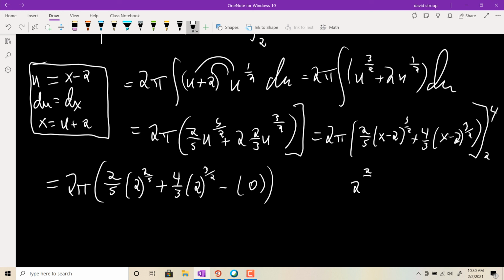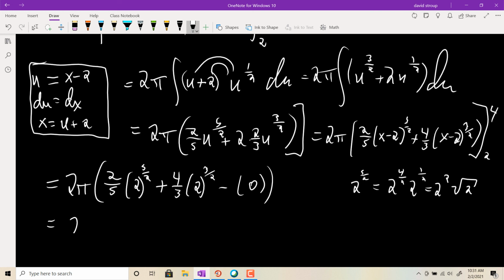So 2 to the 2/5 is, what is that? It's 5/2, not 2/5, first off. Okay, so 2 to the 5/2 is the same as 2 to the 4/2 times 2 to the 1/2, which is 2 squared times root 2, which is 4 root 2.